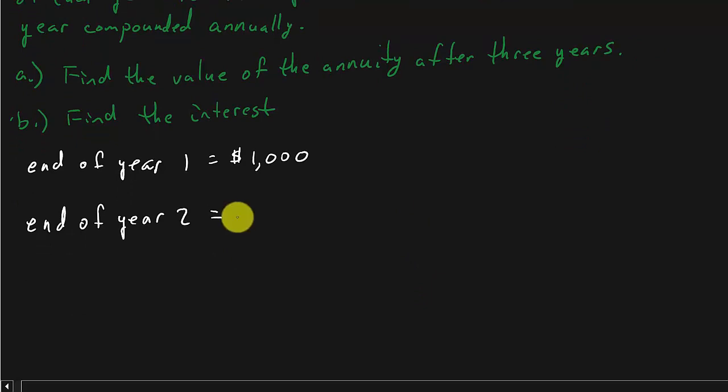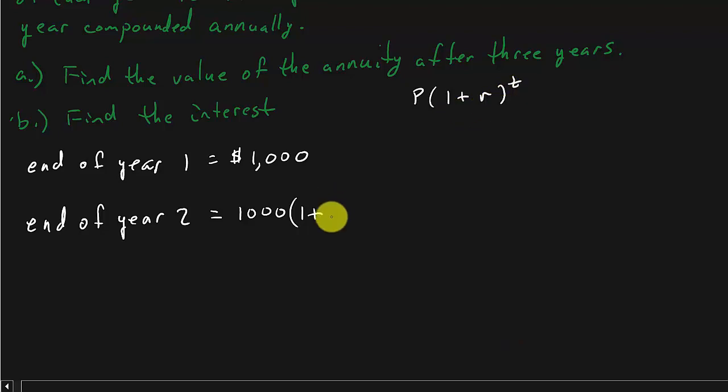That's going to be $1,000 times 1 plus r raised to the t. I'm sorry, that's not the formula P times 1 plus rt; it's 1 plus r to the t. Now this could be 1 plus r over n raised to the n times t, but in this case n is 1 because it's compounded annually. So it's just 1 plus r raised to the t.